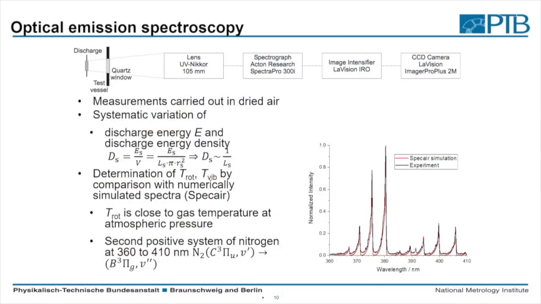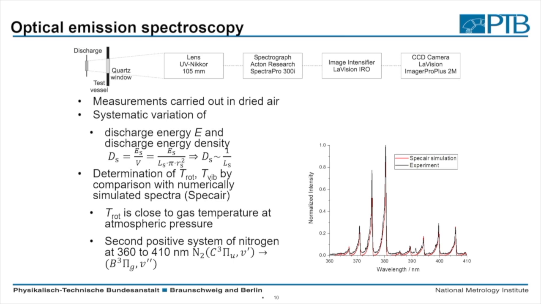We vary energy and distance, so we vary energy density in the experiments, and then measure the spectra we see here. So what do we see here? This is the second positive system of nitrogen.